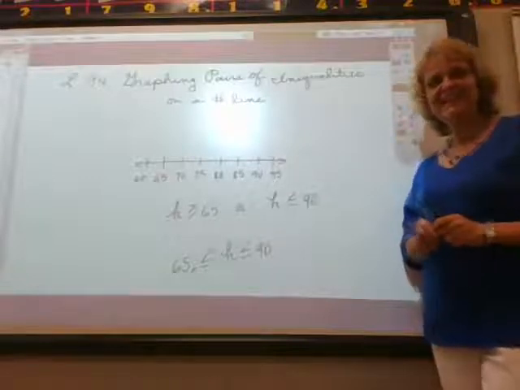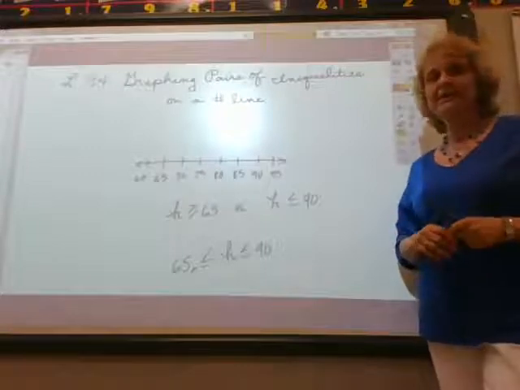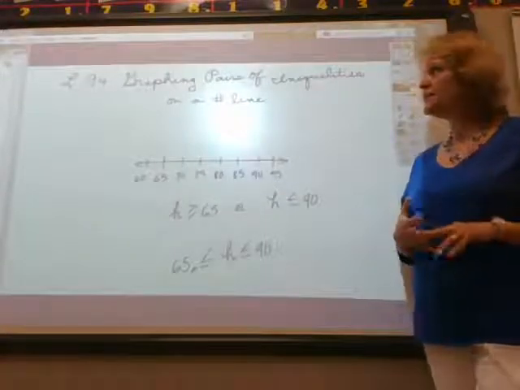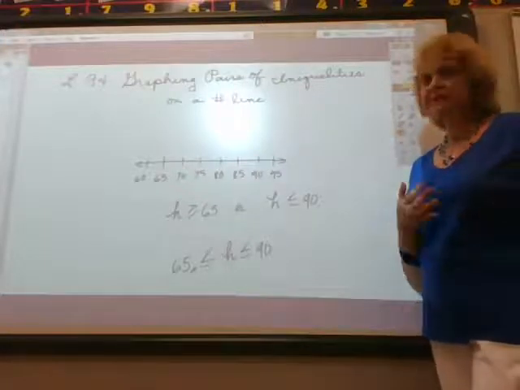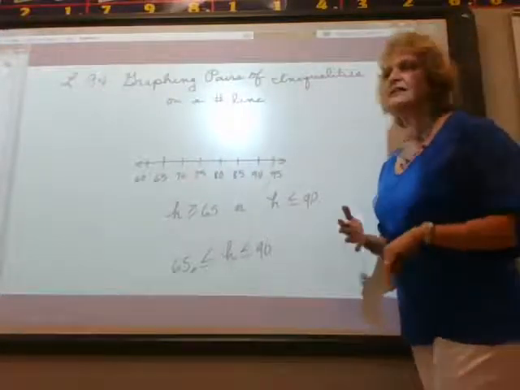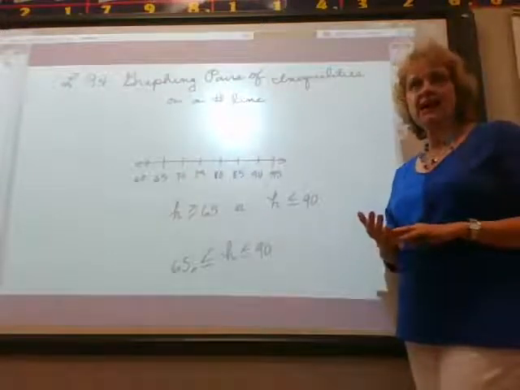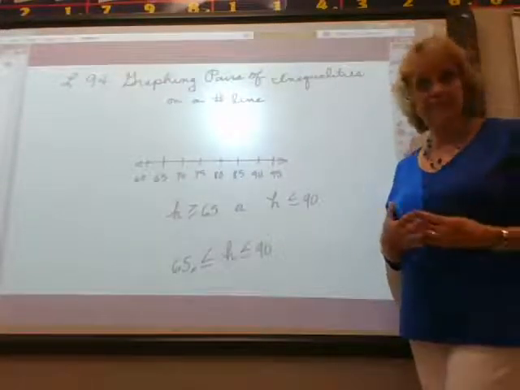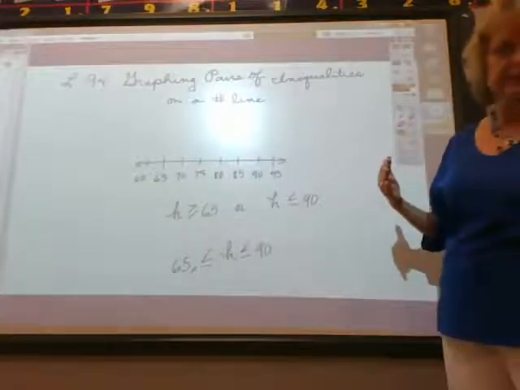All right, today we're going to talk about lesson 94, graphing pairs of inequalities on a number line. An example they give you in the book is that professional basketball players range in height from 5 feet 5 to, how tall was the highest one? Wait a minute, 7'6", okay?